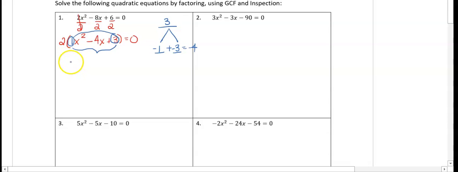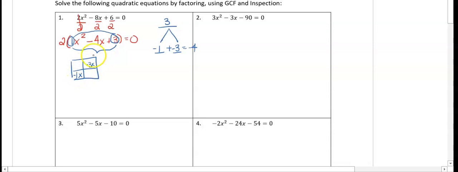So now I'm going to set that up in my box, just like this. Whatever you found that you multiplied together and added together, you put in the box on the diagonals like this. So I have negative 1x and negative 3x. You have to add the x there because all we were doing was trying to get to this x part right here.